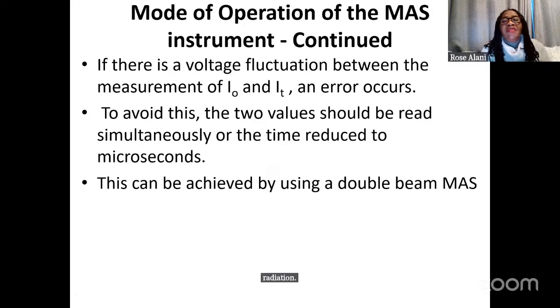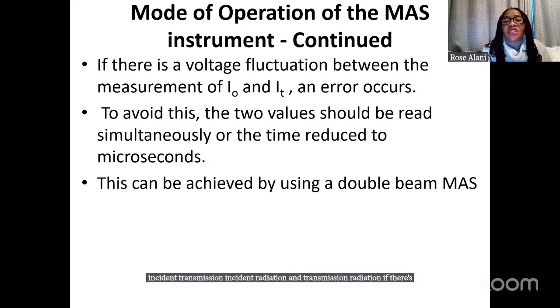If there's a voltage fluctuation between those two measurements, incident radiation and transmitted radiation, then there's an error. So there must not be any fluctuation.